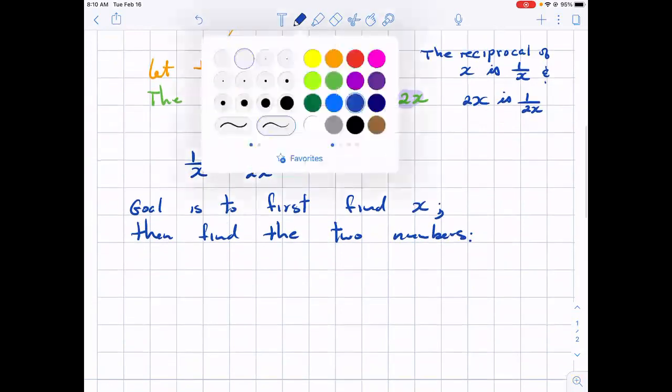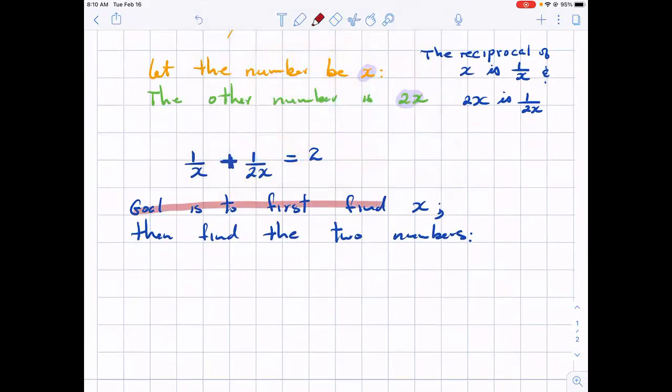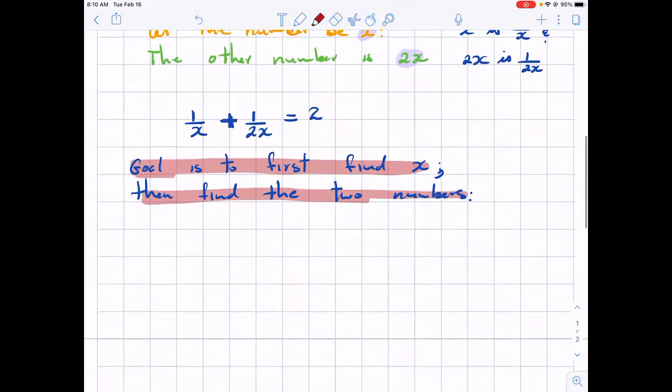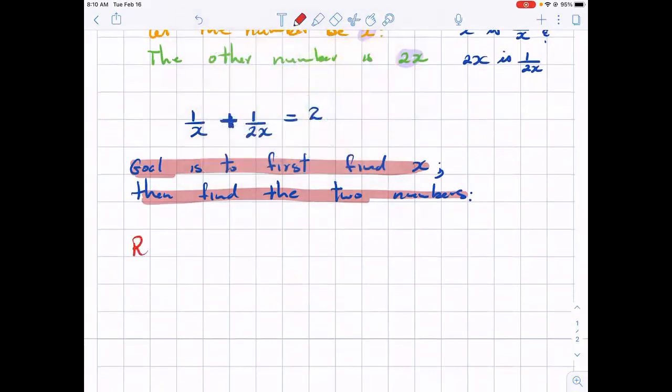Okay, and it's very important that you remember what the goal is. The goal is a two-part combination here. Okay, so we have a rational equation. Our rational equation is 1 over x plus 1 over 2x equals 2, which is like 2 over 1.